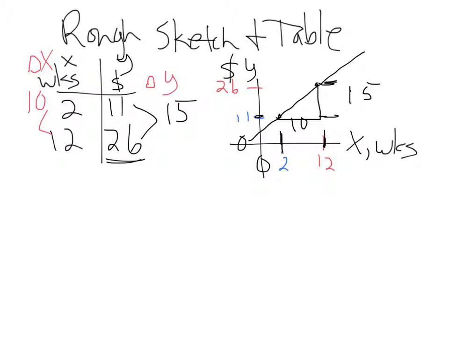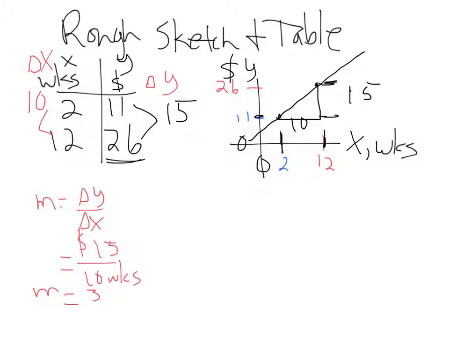So from the table, slope is delta y over delta x, which will equal $15 in 10 weeks. Remember, I have to keep this as a fraction, even though it's $1.50 a week. That's 3 over 2, or $1.5 per week.